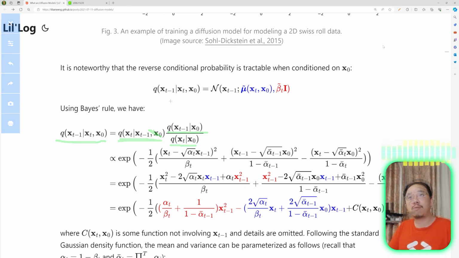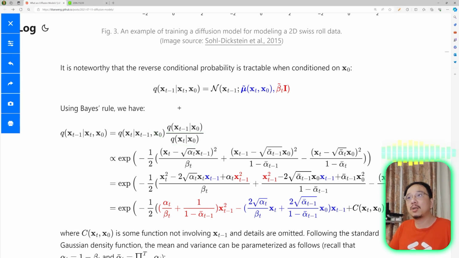However, it is difficult to compute the probability of xt minus 1 without given x0, because the whole process depends on x0. However, we cannot give this information because x0 is the target we wish to approximate. So it makes no sense if we give information of x0 to calculate our formula.